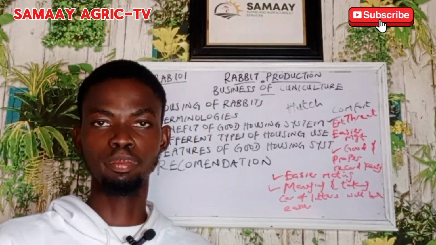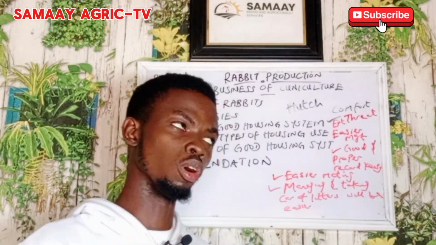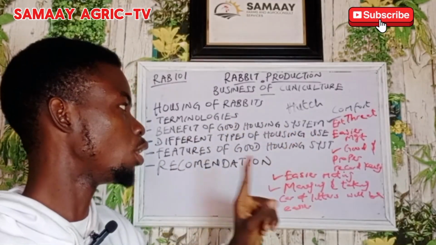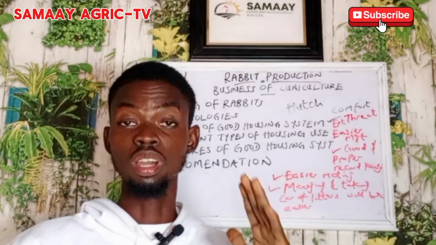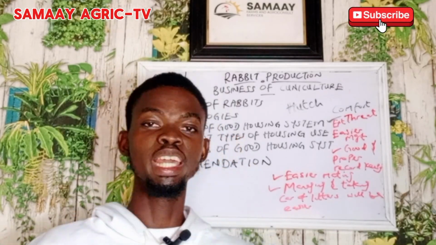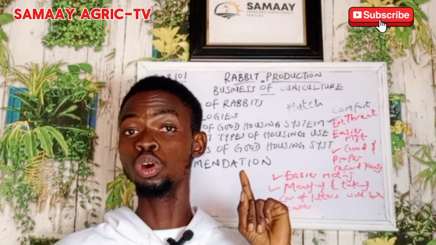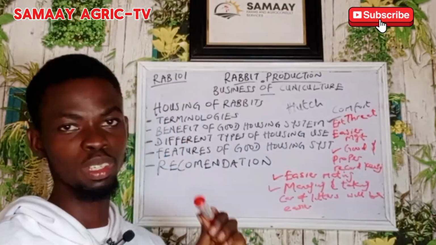So these are some of the benefits and the reasons why you have to go for a good housing system for your rabbit. Rabbit farming is very interesting if you have a good housing system in place, and rabbit farming is so frustrating if your housing system is not correct.